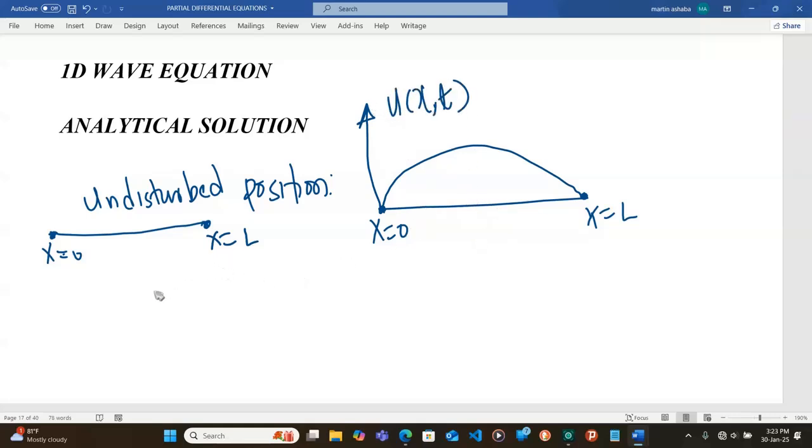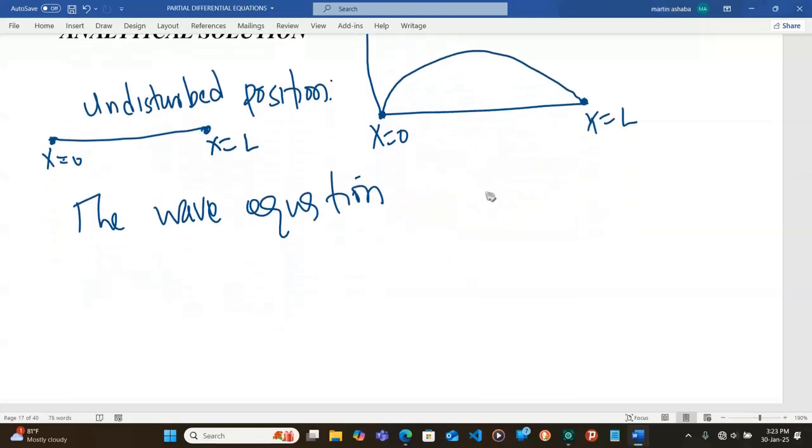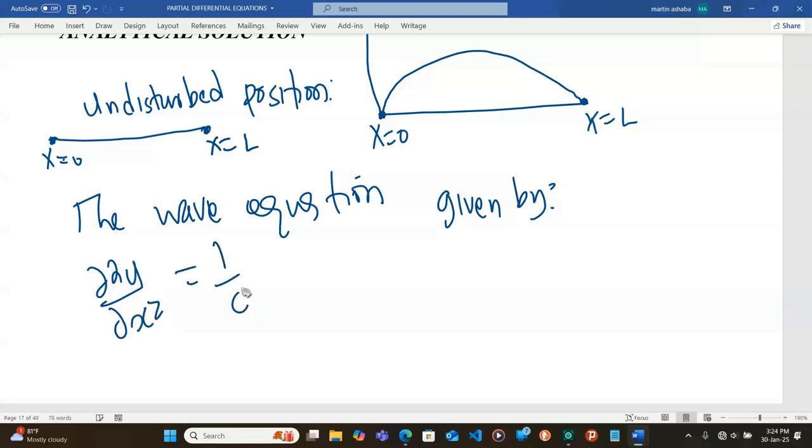So what is the one-dimensional wave equation? The wave equation, which describes the motion of waves within this string as it vibrates, is going to be given by the second partial derivative of u with respect to x equal to 1 over c squared, times the second partial derivative of u with respect to t.